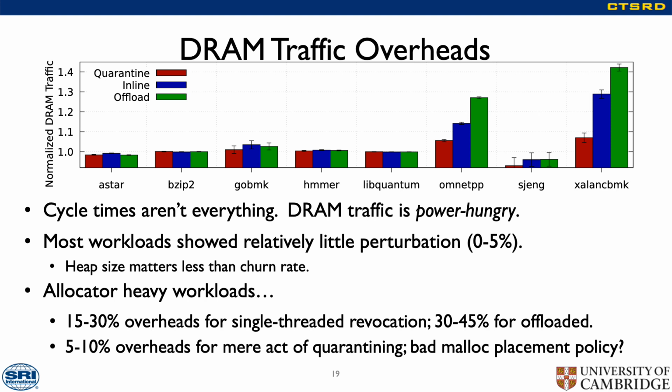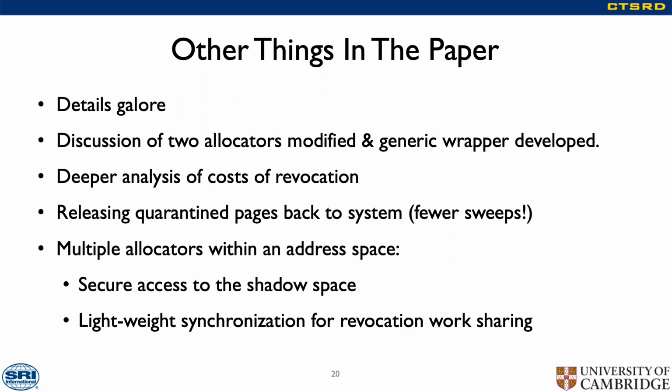Switching to concurrent revocation raised those further to 30 to 45% as pages were revisited and the concurrent pass itself necessarily increased cache contention. Interestingly, for these thrashing workloads, we see that merely quarantining accounts for somewhere between 5 and 10% of the overhead. This suggests that we may be intermixing objects of different lifetimes within cache lines, decreasing the utility of our caches. If you're still curious for more, our paper goes into much more detail.